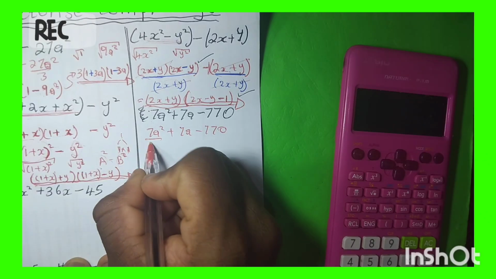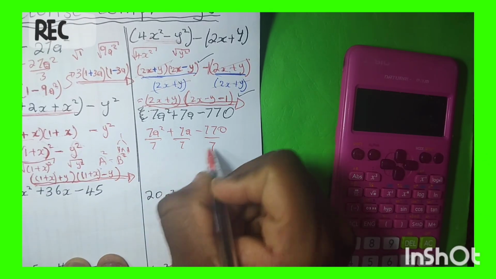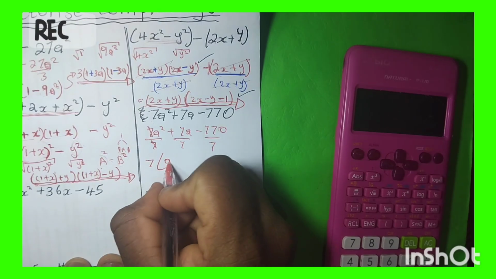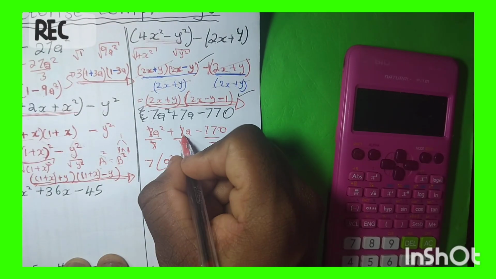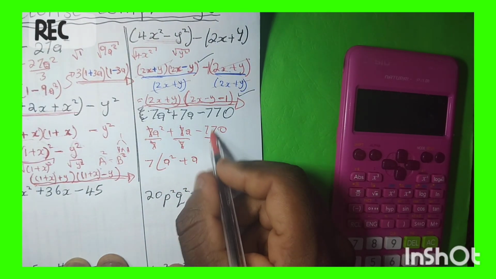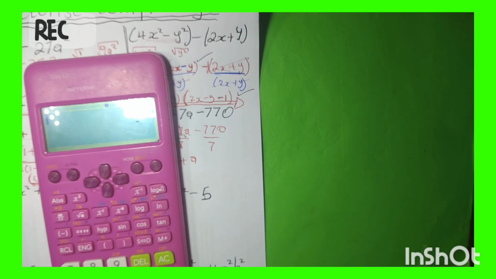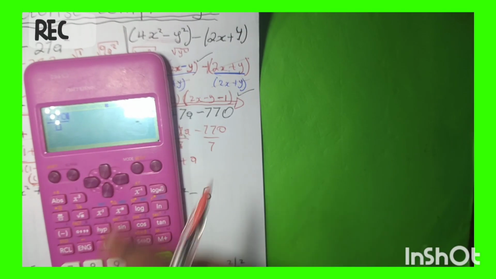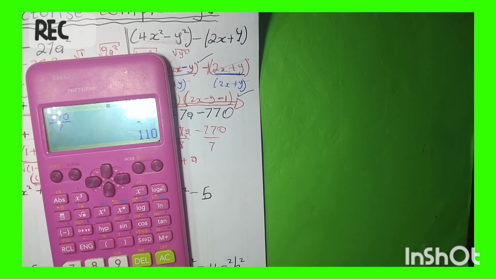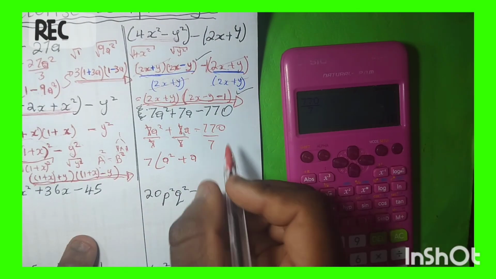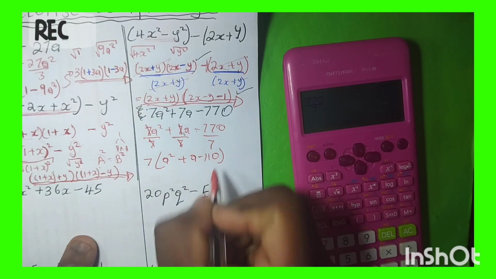You divide by the common factor, this will cancel, you'll only be left with this, and this will cancel, you'll only be left with this. When you divide 770 by 7, you'll get 110, so it means we took that negative 110.